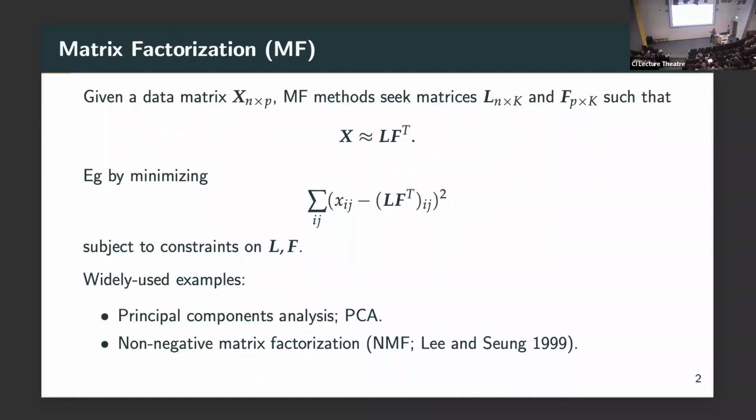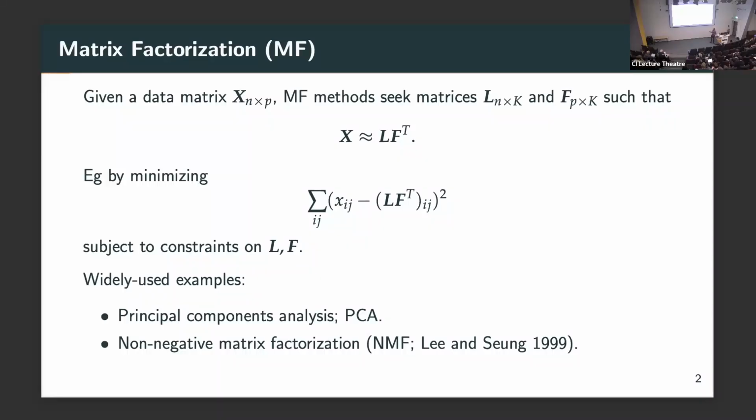Importantly, we might consider different types of constraint on L and F. Two widely used examples of matrix factorization methods are principal components analysis and non-negative matrix factorization, and these correspond essentially to different assumptions on L and F. If you assume that L and F are orthonormal, or orthogonal, then you essentially get back principal components analysis.